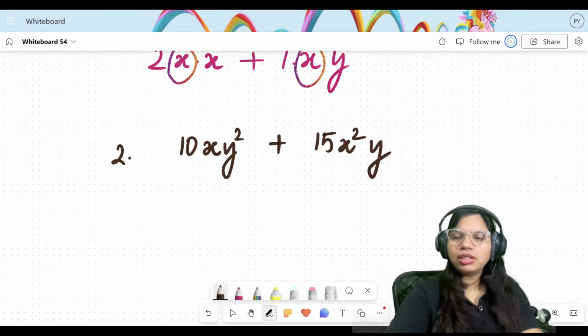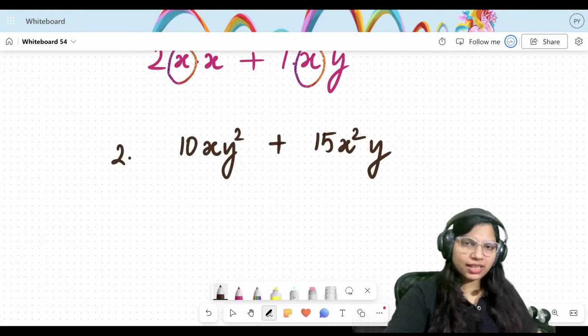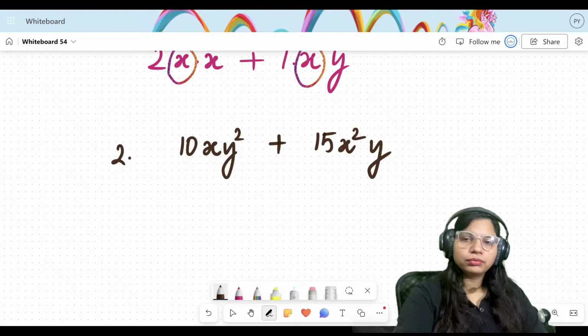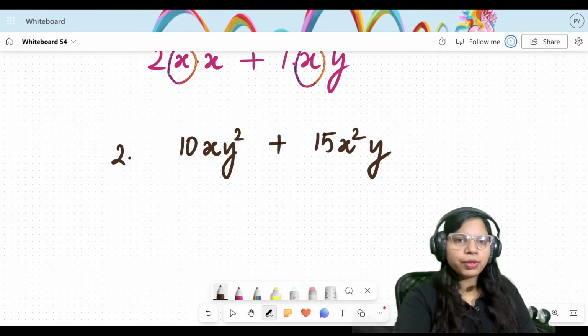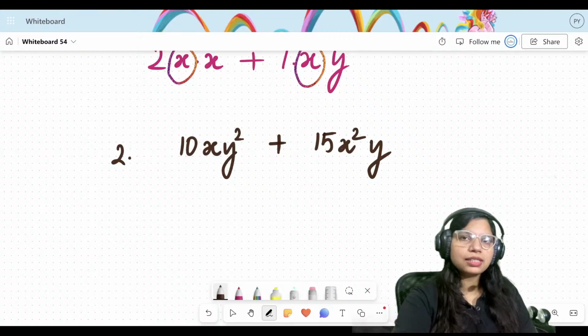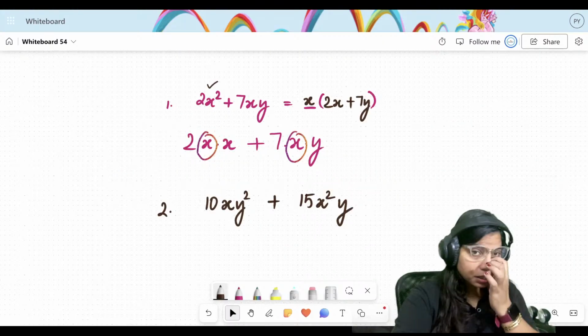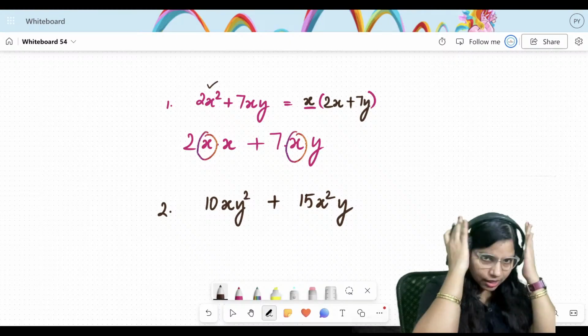If you break it down, there isn't any trick. Try. 10xy squared plus 15x squared y. This is what you have to do. You have to break down the question as I've done here. Break down the particular term into whatever the factors are.